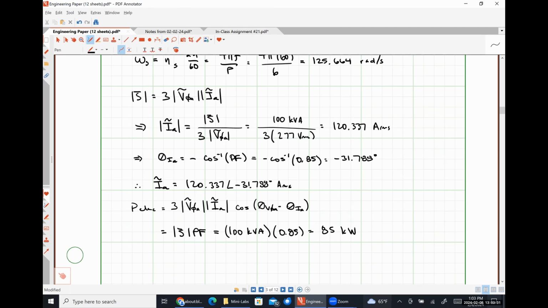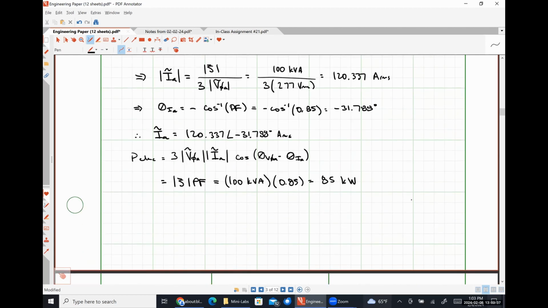So now the only thing left for us to find is our copper losses, the copper losses in our stator. Any thoughts on how we might calculate those? Copper losses are I squared R losses. And thanks to Bailey's suggestion, we found I. We were given R. So we just take I squared times R and multiply it by 3 because there are 3 phases.